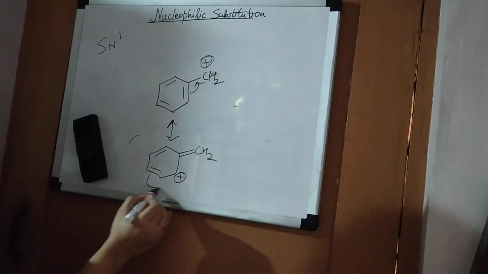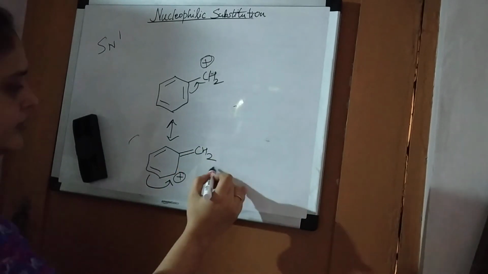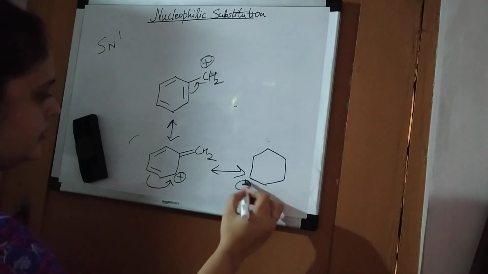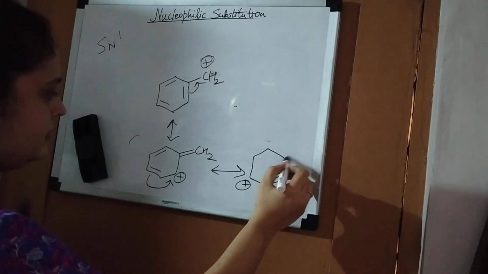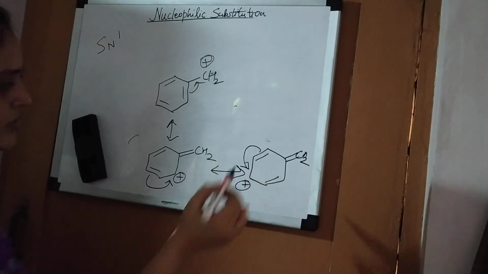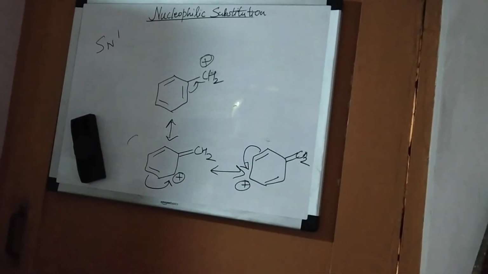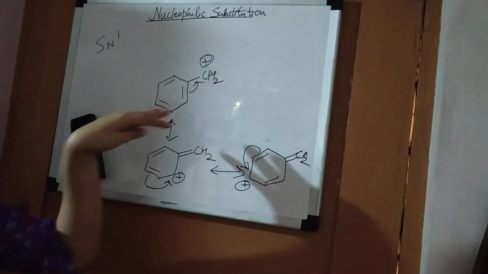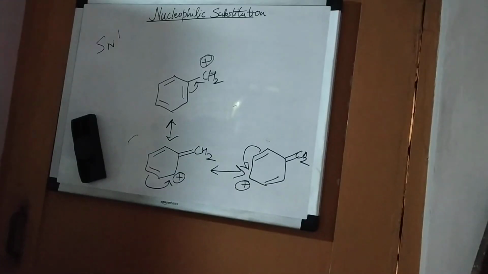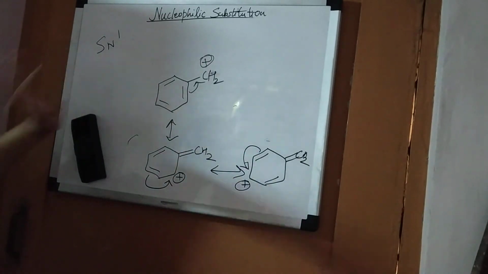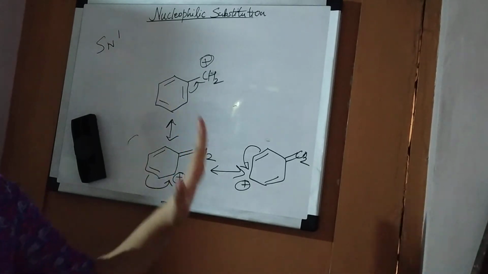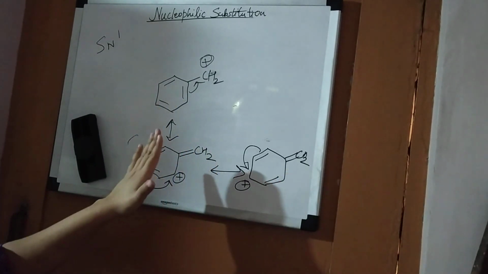Then this bond will shift here and you will get a positive sign here, and so on. So resonance is happening in the case of benzyl halide and also allyl halide. So in both cases the SN1 mechanism will be followed because the carbocations in benzyl halide and allyl halide are stabilized through resonance.